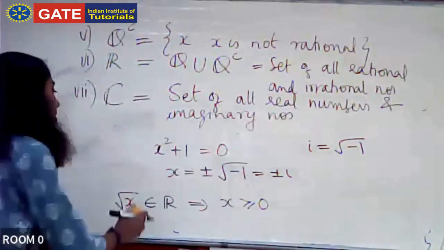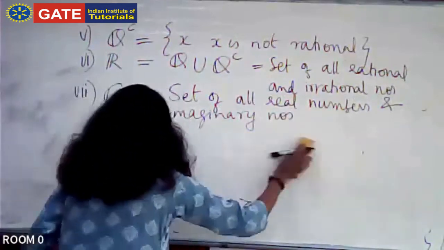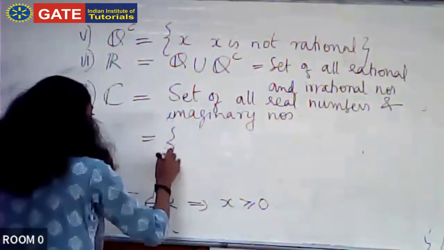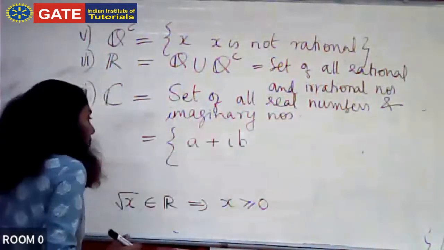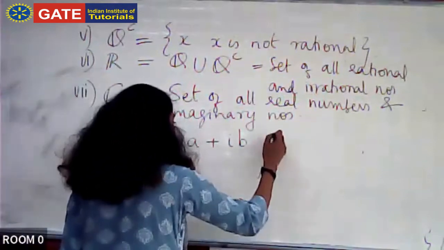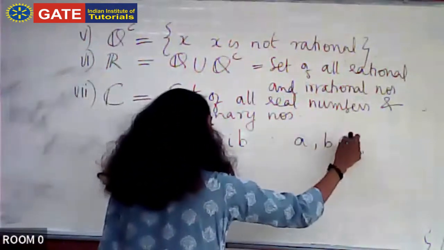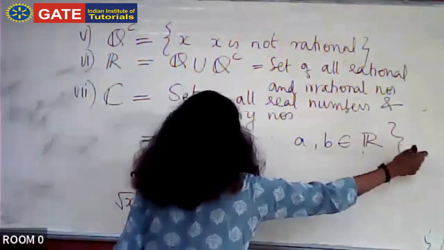And how will the elements look inside this C? It will look like the set of all a plus ib, or x plus iy, such that a and b are coming from the set of real numbers.